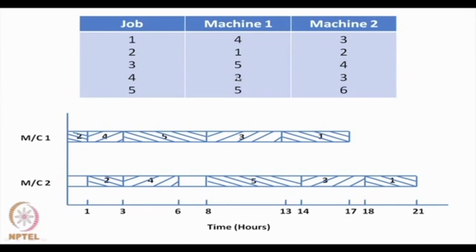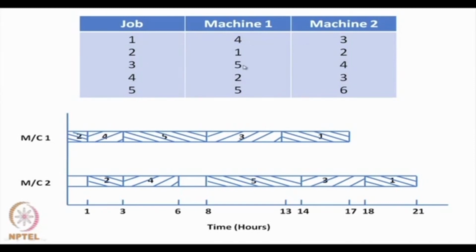If 2 is the minimum, that occurs for job 4. So, assign job 4 to machine 1 because the operation time 2 occurs for machine 1. So, 4 is assigned here. Now, 4 is removed also. So, we are left with 1, 3, 5.